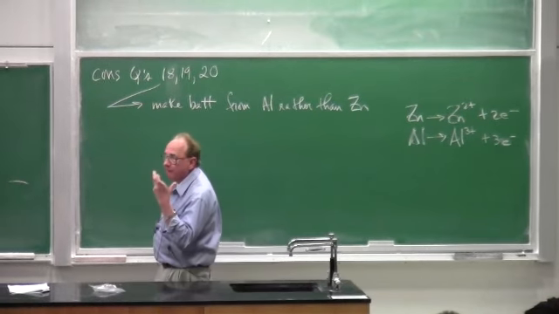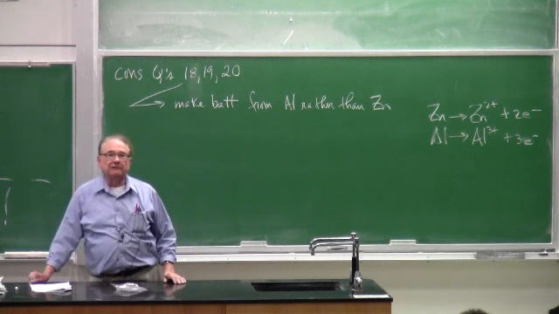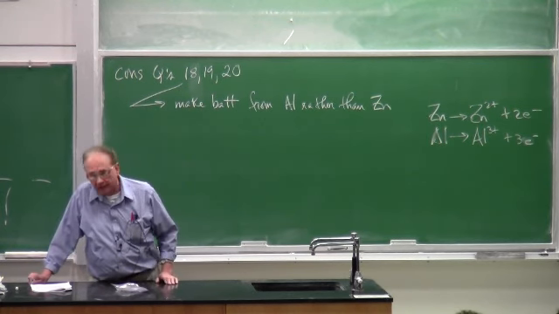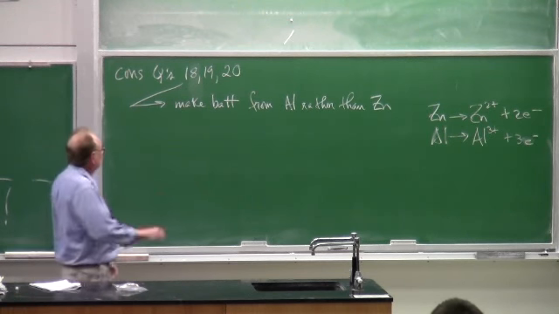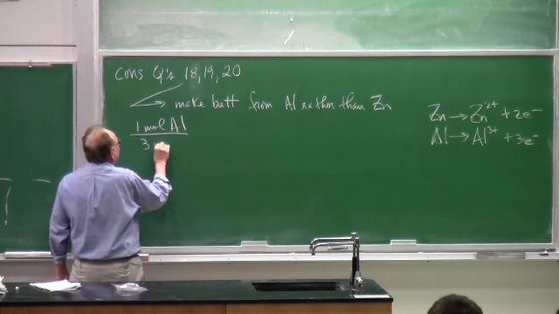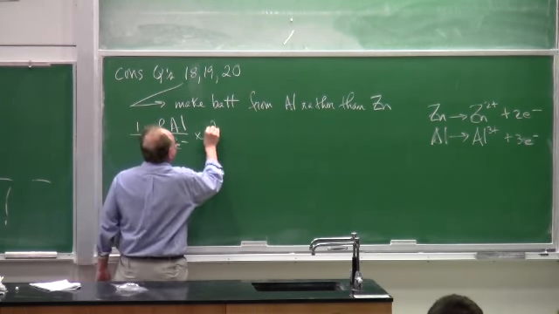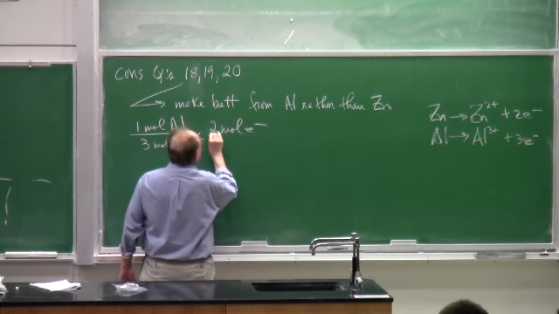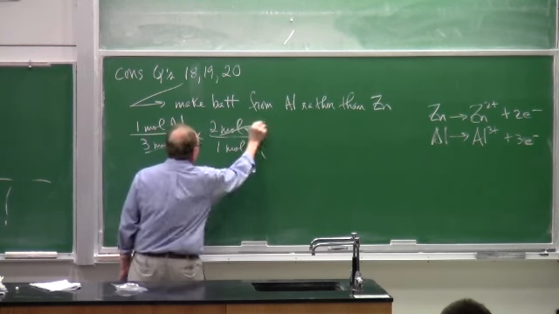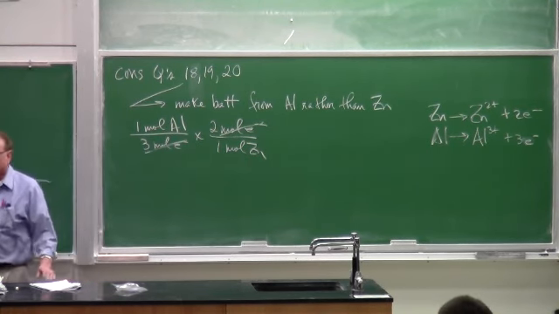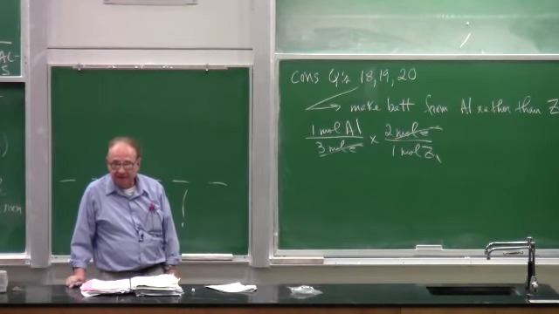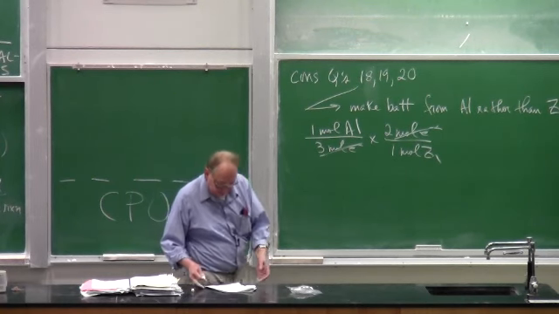So, if I want to know moles of aluminum compared to moles of zinc in order to fabricate this battery from aluminum rather than fabricating the battery from zinc, I'm going to write down, and there's dimensional analysis at work. Tells me moles of aluminum to moles of zinc. 2 to 3. All right?